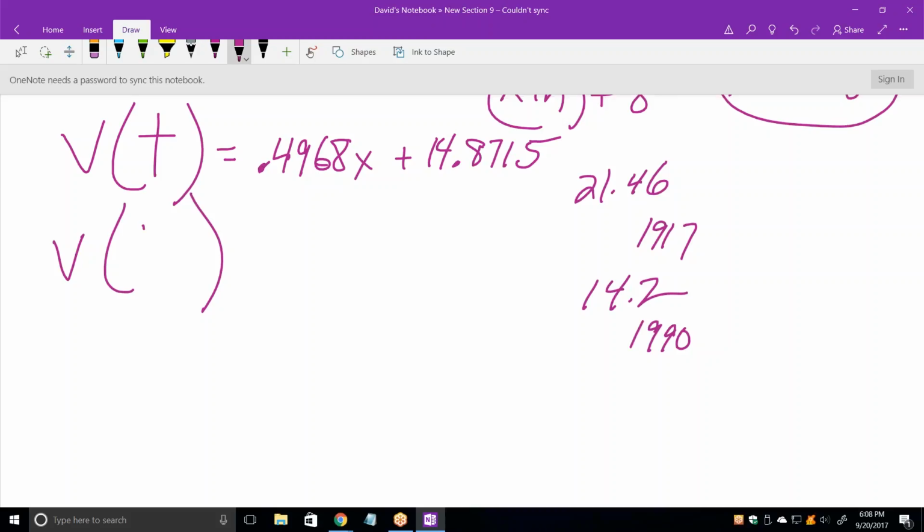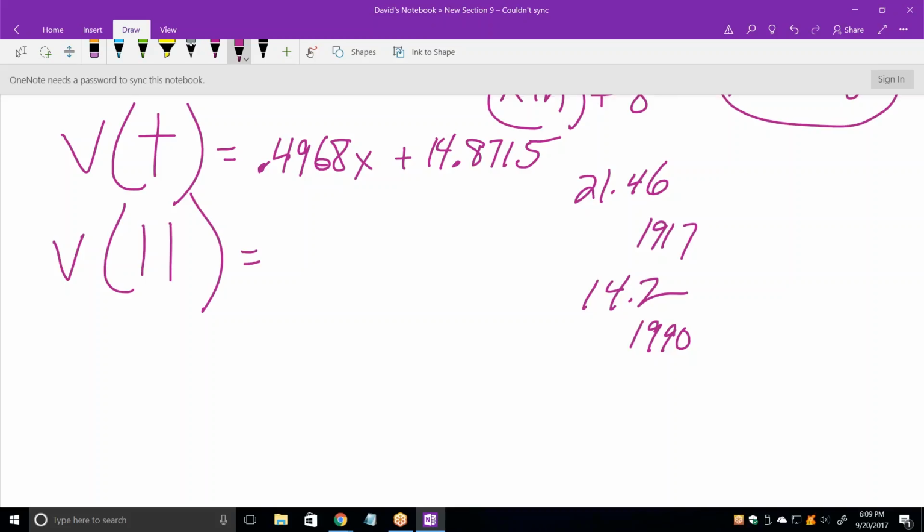So they want to know what V of 11 is, right? And t is the number of years since 1917. What's the last couple sentences say? The number t is the number of years since 1990. Thus V of 11. Okay, since 1990.